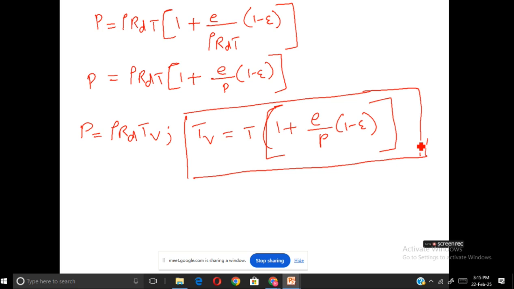P is equal to rho Rd Tv is the ideal gas equation for moist air. Here we are retaining the value of the specific gas constant for dry air, Rd, and then we are introducing a new temperature, known as the virtual temperature, which is given by Tv is equal to T into 1 plus E by P into 1 minus epsilon. So this is the equation for the virtual temperature.